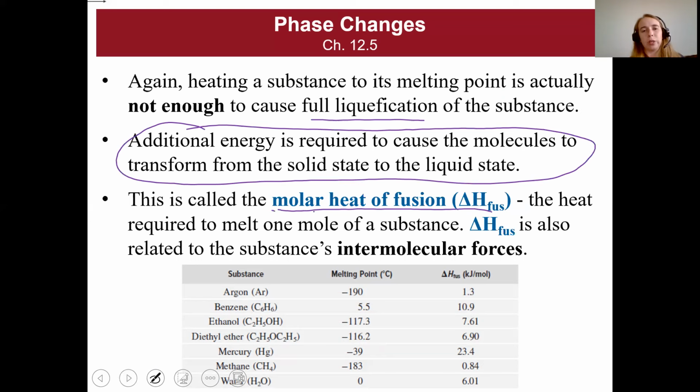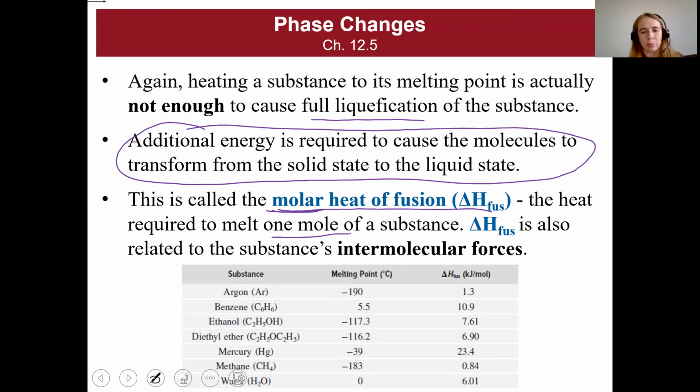So molar heat melts 1 mole of the substance. And just like delta H vaporization, delta H fusion is also related to the substance's intermolecular forces. And that means that the melting point and delta H of fusion are also related, just like the boiling point and delta H of vaporization were related.